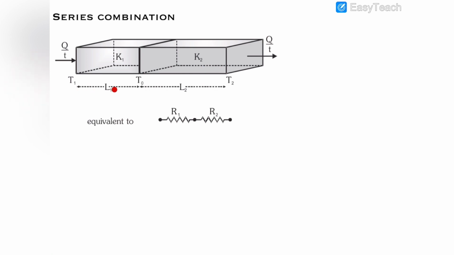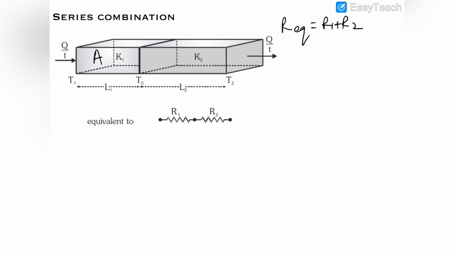Now in series combination, these slabs are connected one after another. The lengths of the slabs are L1 and L2, and the area is the same. Let's suppose the area is A. Now we can say that this combination is equivalent to a series combination of two resistances R1 and R2, and therefore we can write down the formula that R equivalent is R1 plus R2.